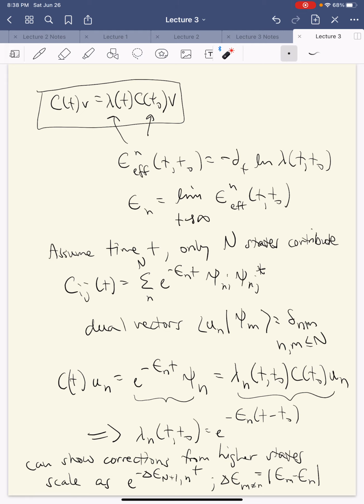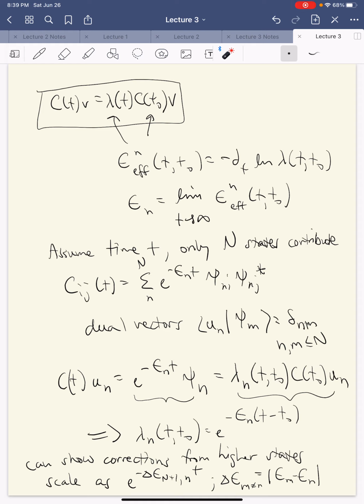So the corrections due to the higher states that you haven't included are going to scale with the gap between the next energy and whatever energy level you're looking at.